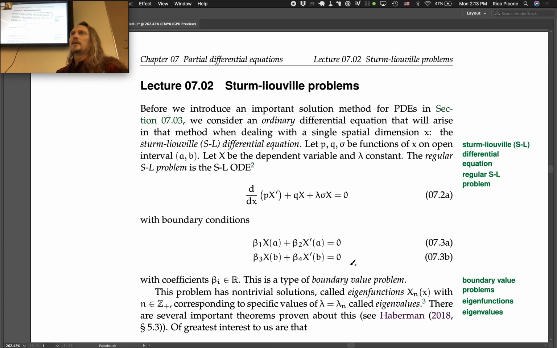Typically in the past, your ODEs have had initial conditions, where they have to meet some initial condition or conditions.